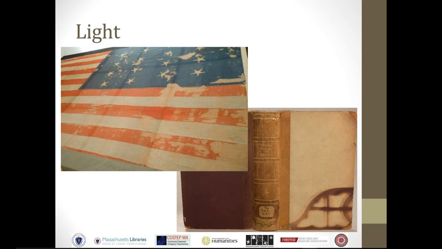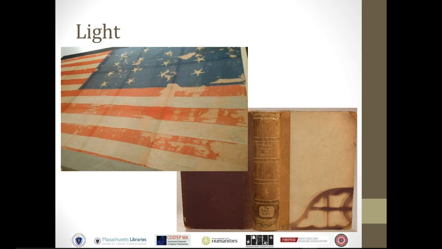So on top of fading and color shifts, ultraviolet radiation will lead to weakening and yellowing and sometimes bleaching, it's very odd, of paper and other organic materials. And all of these changes can diminish the aesthetic qualities as well as the readability of the information and the artwork.